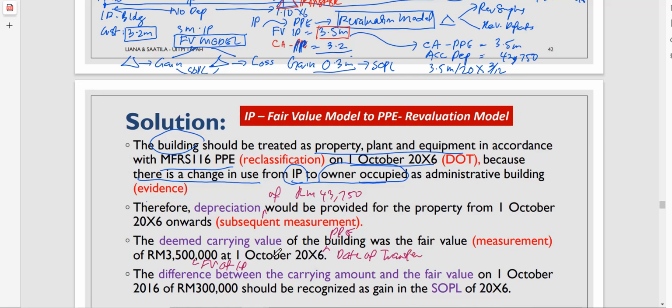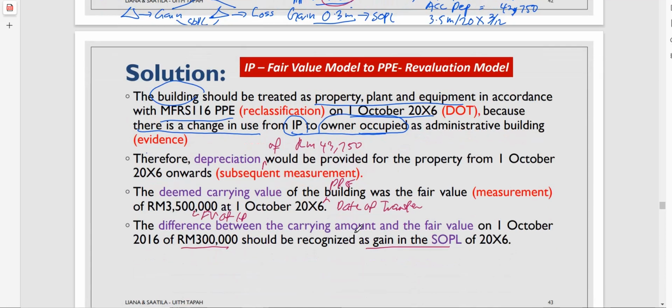You would see that there is a difference between the carrying amount, which is this one, 3.2, with 3.5 million. The previous cost is the carrying amount on 1st of October. So the fair value compared to that will give you a figure of 300,000, and that would be recognized in the statement of profit or loss.